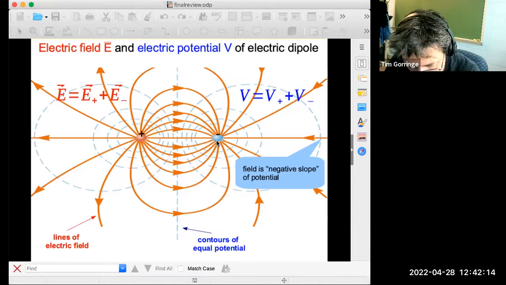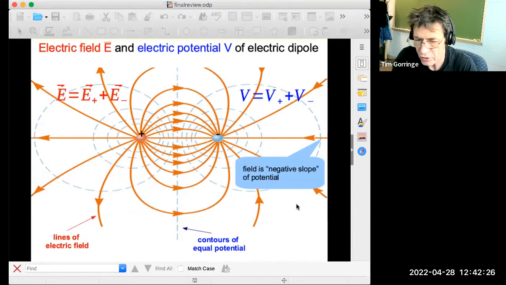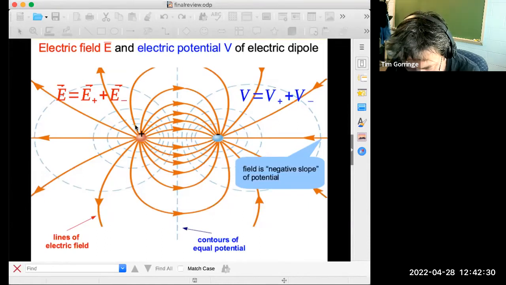If the lines are loosely packed, say upstairs in the top left here or downstairs in the bottom right here, then the loosely packed field lines correspond to a region of weak electrical field. And then the direction of the lines of field indicates the direction of the electrical field.